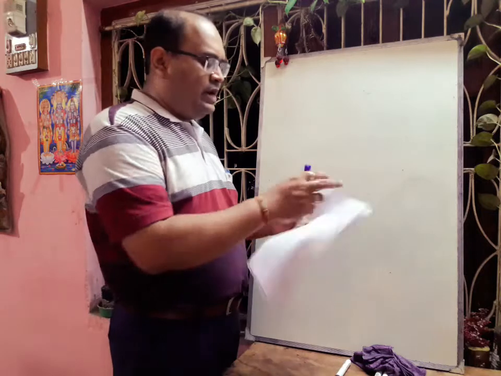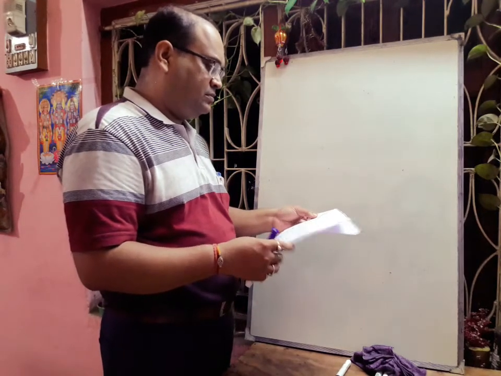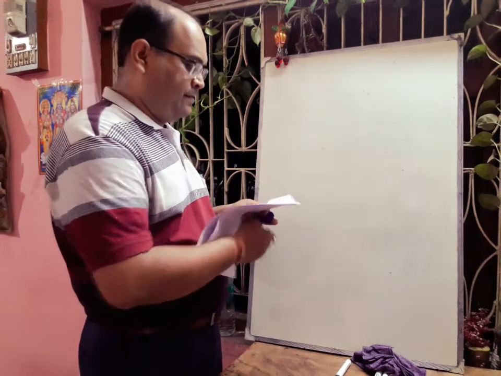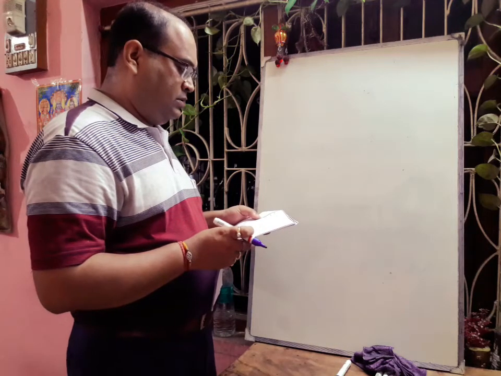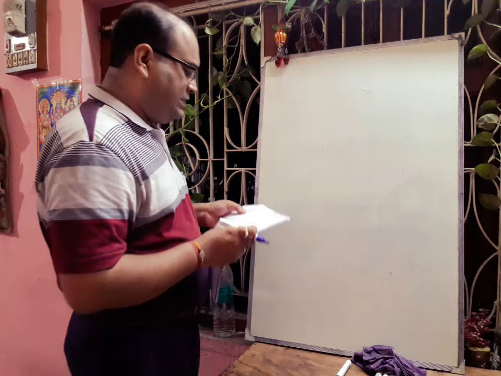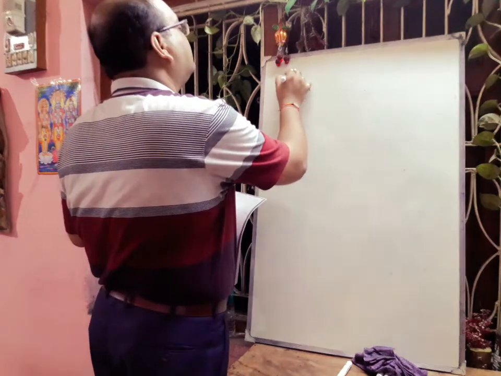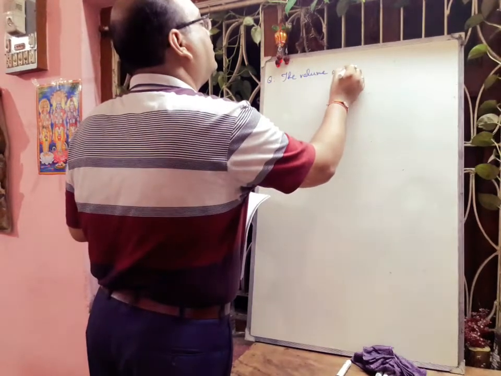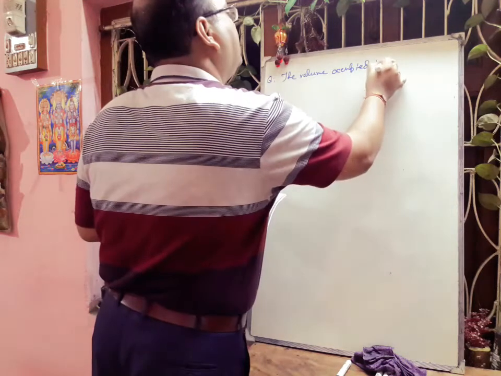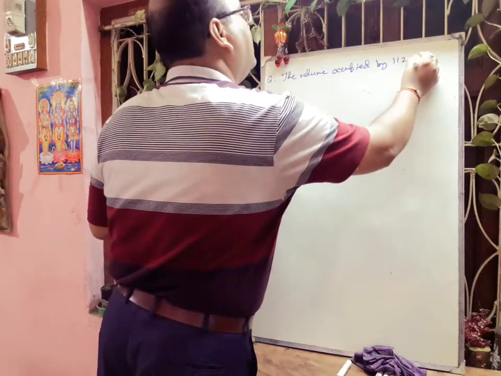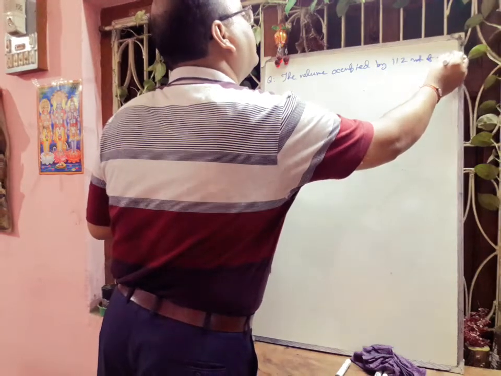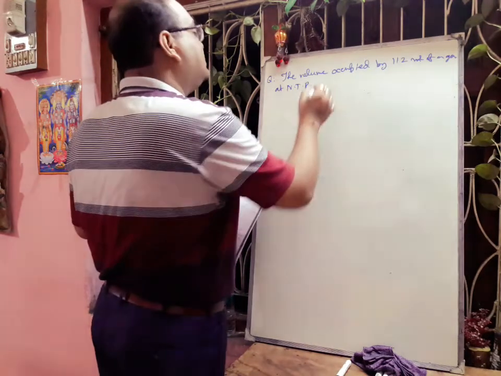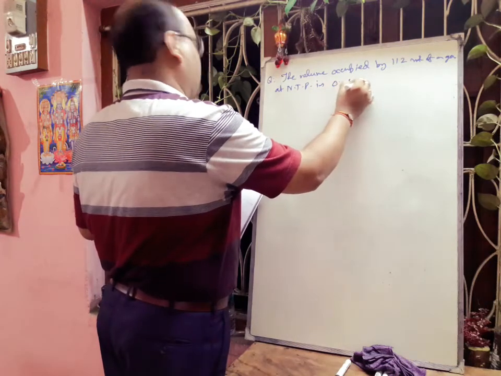So here we will take one example so that we can easily understand. Here one numerical is given: the volume occupied by 112 ml of a gas at NTP is 0.14 gram.